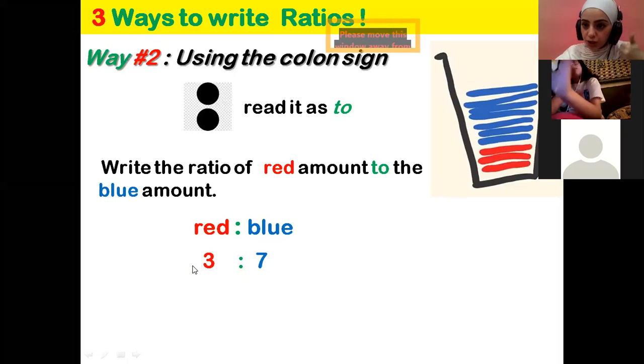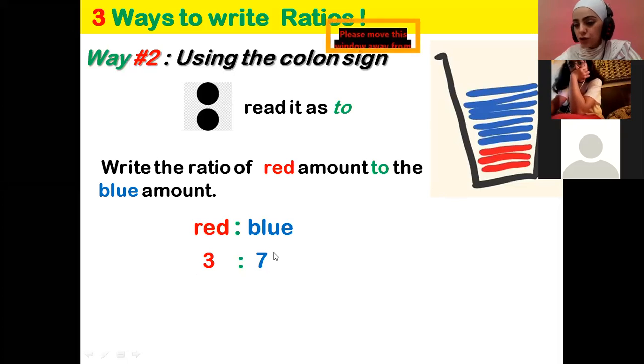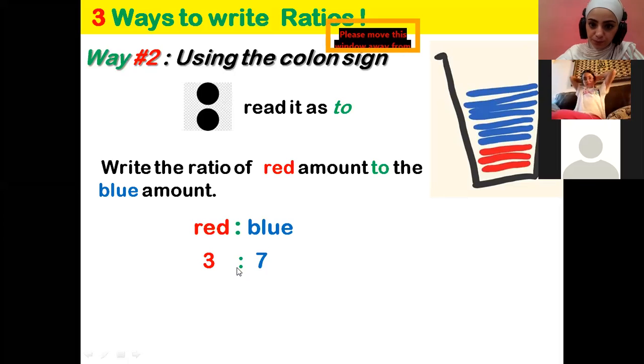So with words, the first way, you write 3 to 7, or you use the columns 3 : 7, but we read it "to". Okay, guys, those who answered, don't raise your hands again. I'm not gonna choose you again.